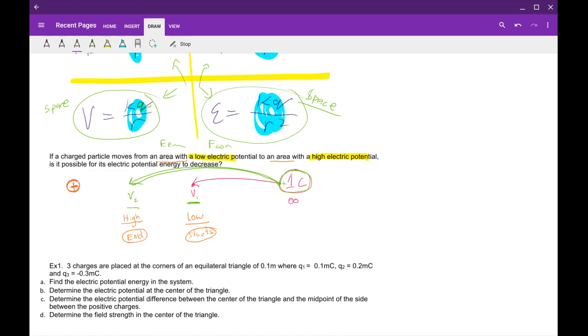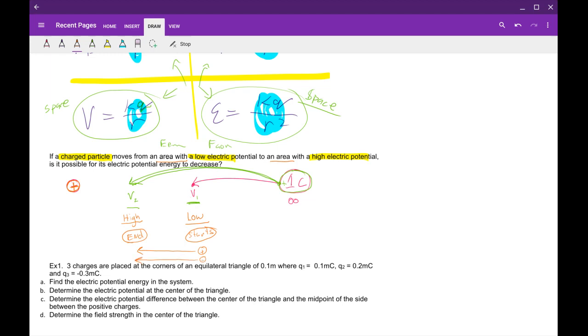Okay, now let's take our charged particle and move it from here to here. Wait a minute, I just arbitrarily chose a positive particle. Okay, let's go with that. I'm going with the fact that this is positive, and then I'll do it also with a negative particle as well, and I'll see.